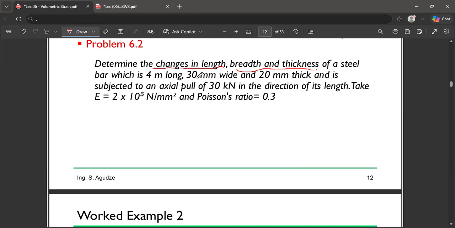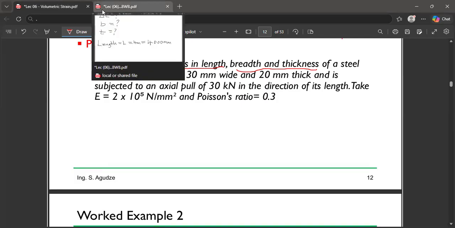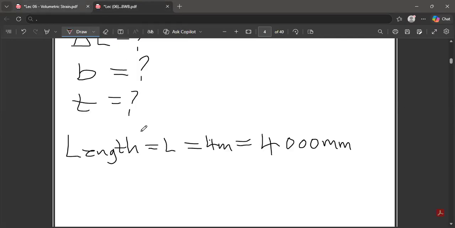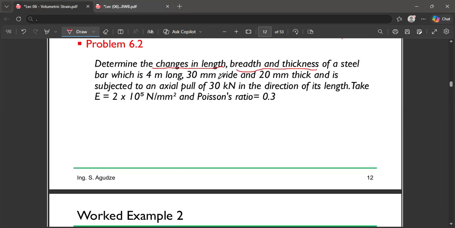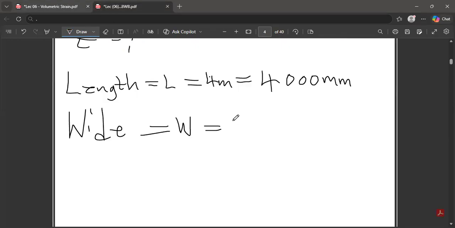And then the width of the bar is, let's say, 30 millimeter wide, and 20 thick. So let's say the bar is wide, and we denote that as W, and that was given to us as 30 mm.